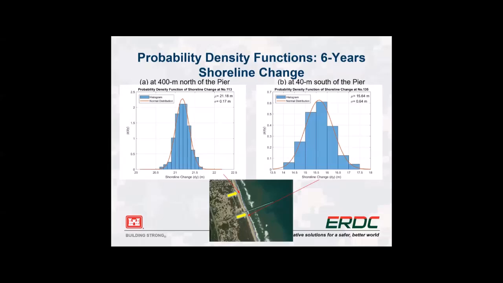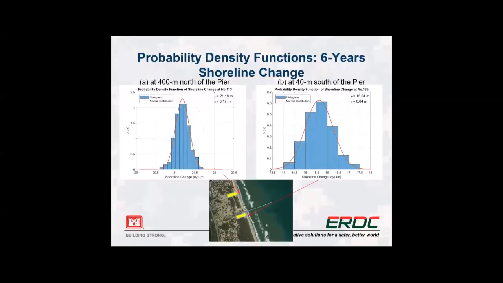We have a PDF of the shoreline change for various locations, either to the north of the pier or right south of the pier. The pier here is represented by a non-diffracting groin. The pier introduces a decent amount of effect on the sediment transport at Duck, so you have to account for it somehow.